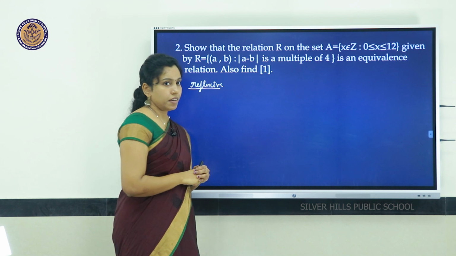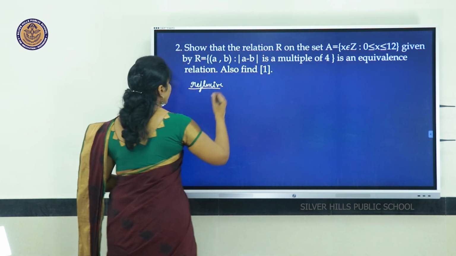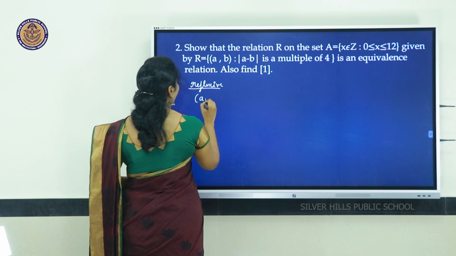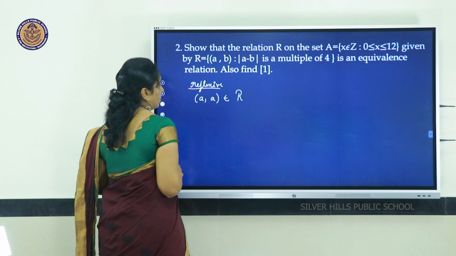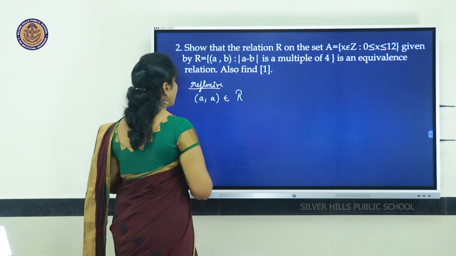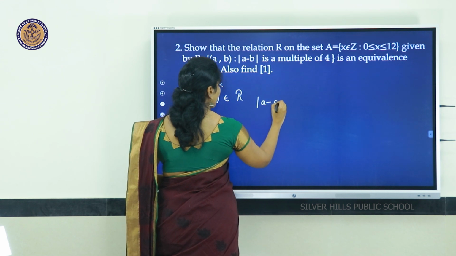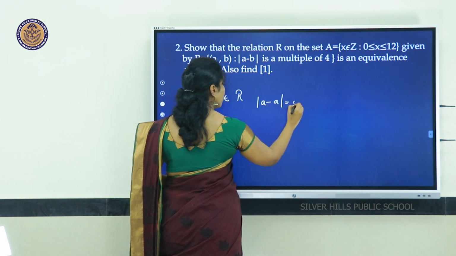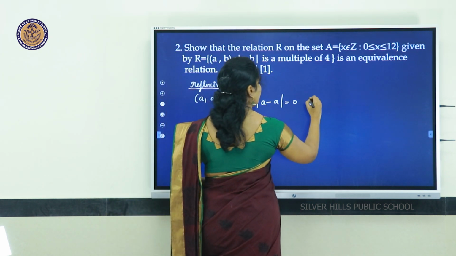If I take an integer, say a in Z, let us see, I can conclude (a, a) belongs to the relation R. Why? Because modulus of a minus a, that is equal to 0. So, I can say it is a multiple of 4.